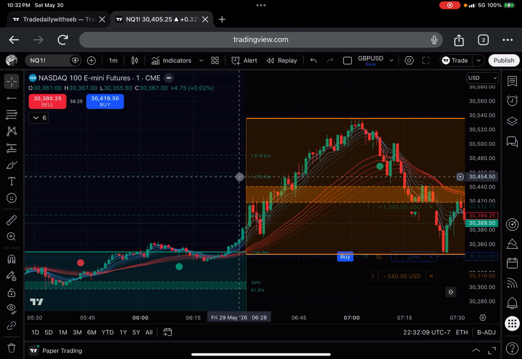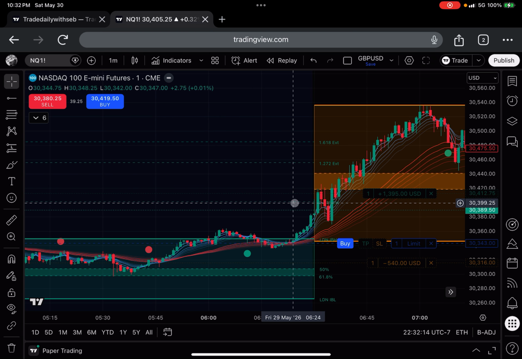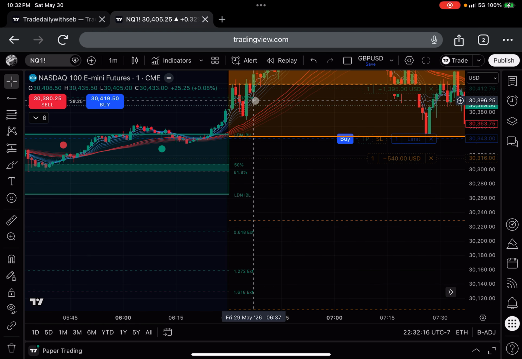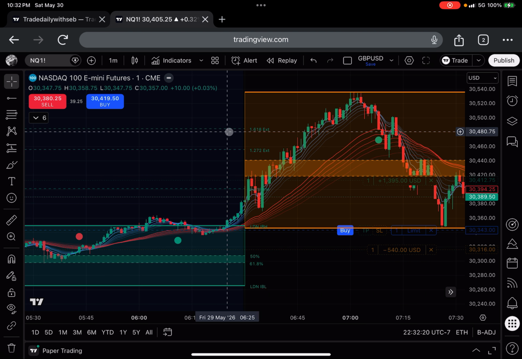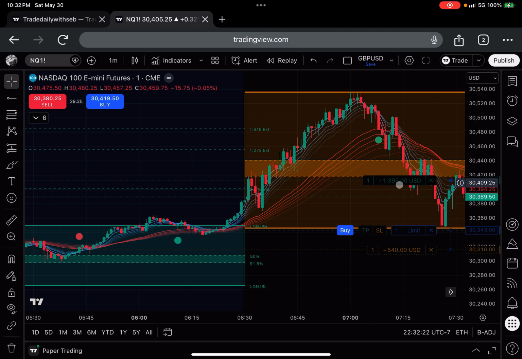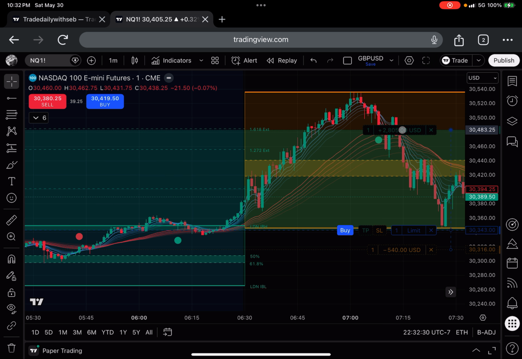To me, I'm looking at these levels, and this is what I love about this indicator. I'm having an extension level. I believe that's a 0.618, that's a 1.272, it's a 1.618. So if you want to take that trade right there, that's still good. That's $1,000. You can take it here, 2,000, or if you want to go higher, that's 2,800.